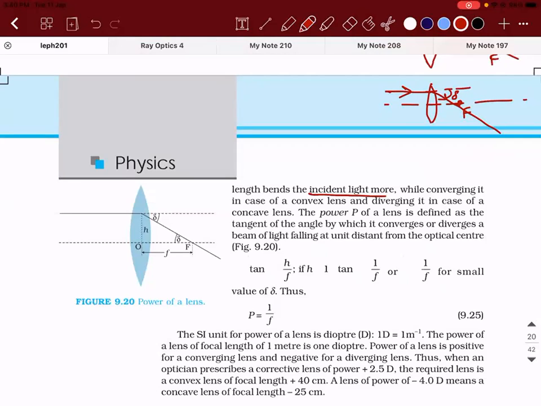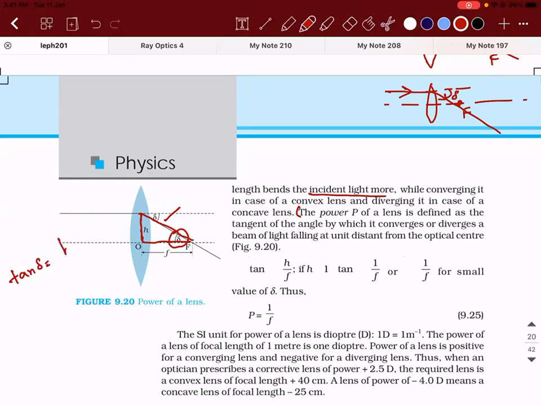So what is going to happen is power of lens is defined like this as the tangent of the angle. Tangent means tan. Okay, tangent of the angle by which it converges or diverges a beam falling on it. So if this angle is delta, if I drop a perpendicular from here, then this angle will also be delta because they are alternate interior angles. So if I take this right angle triangle, observe, then what is tan delta going to be?